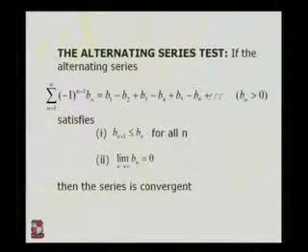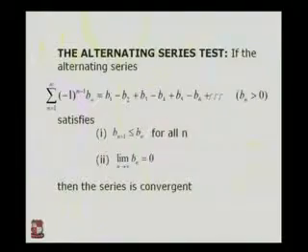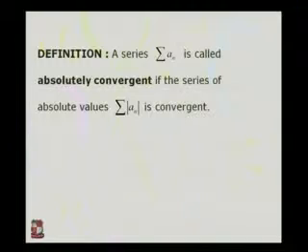But before we take the example of alternate series combinedly, I will take one example of absolutely convergent series and conditionally convergent series. So first we will take the definition of conditionally convergent series and absolutely convergent series. So this is the definition of the absolutely convergent series.